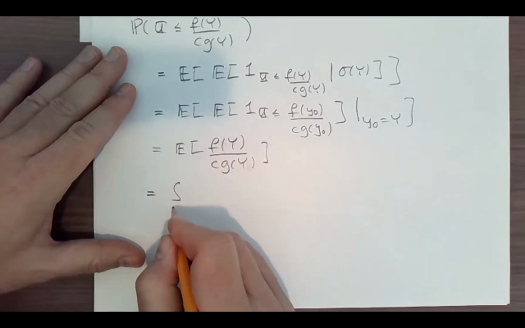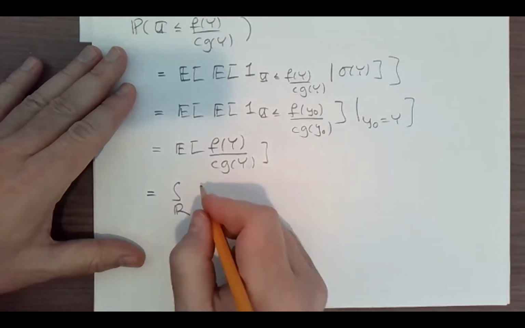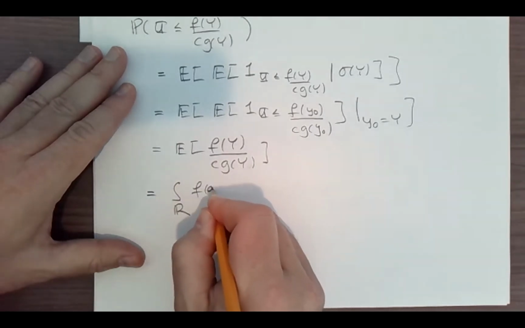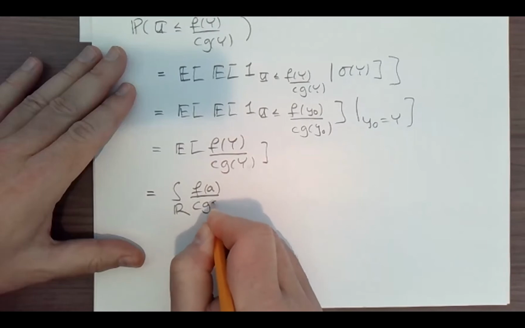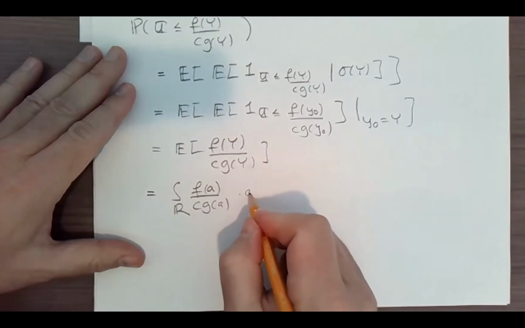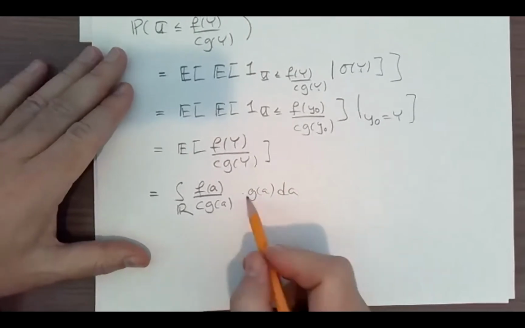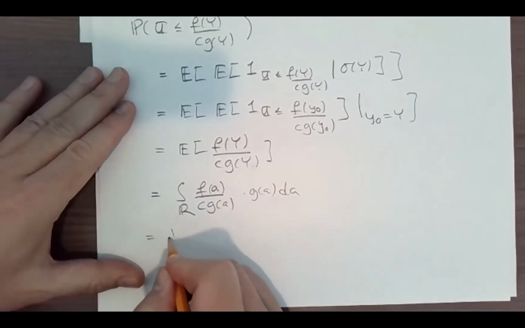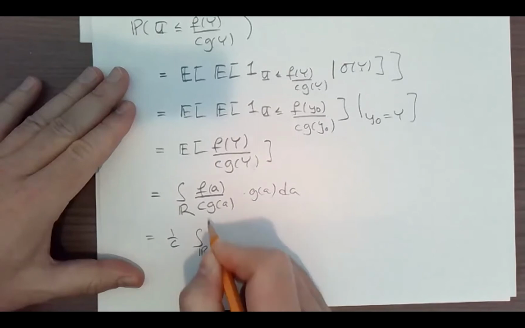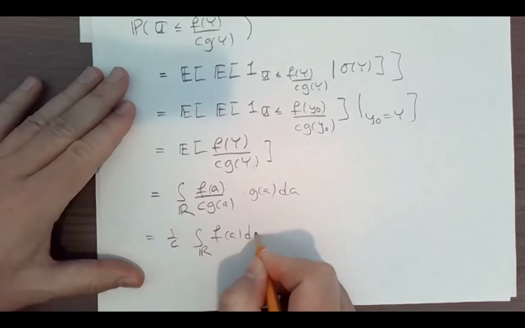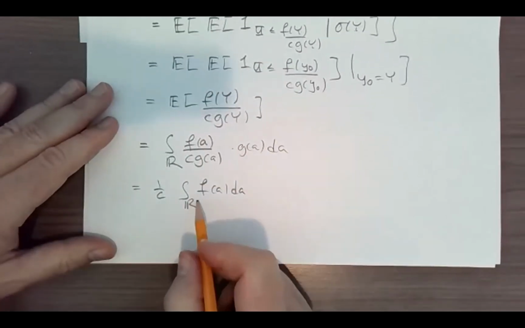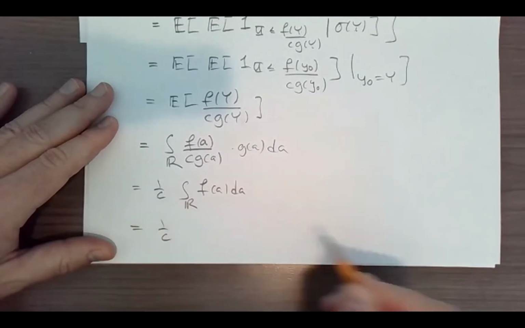This is an integral over R of f of a divided by c g of a times the density g of a. And again, it will cancel out. I'll have 1 over c integral over R of f of a. But f is the density, so this here becomes 1 over c.